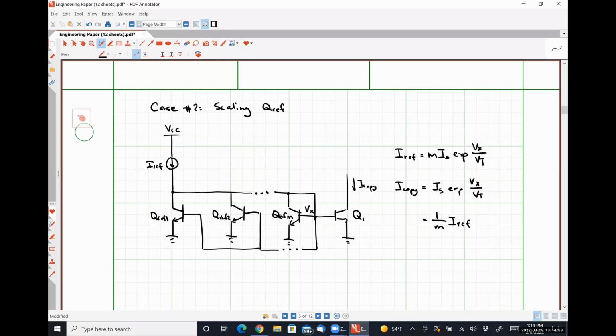And so we get a scaled down version of our copy current, right? Yes. Technically, it'll be for all of them, but it doesn't particularly matter, right? So all the bases are tied together and all of the collectors are tied together because it's just one big node.